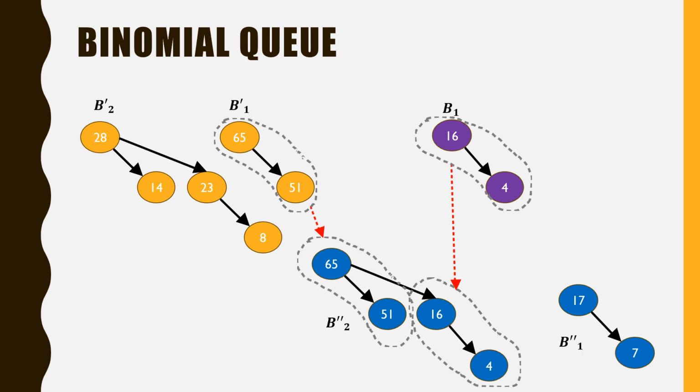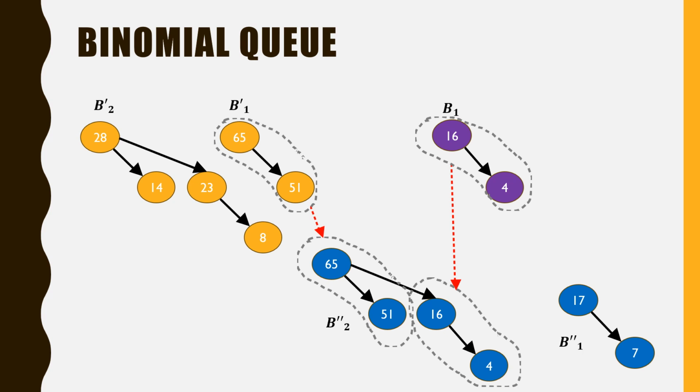After the merge, we have three B1 binomial trees: the purple tree B1, the orange tree B'1, and the blue tree B'1. Next, we merge two of these three B1 trees. The choice of which trees to merge can be arbitrary.